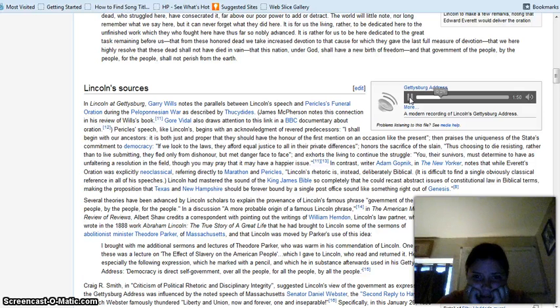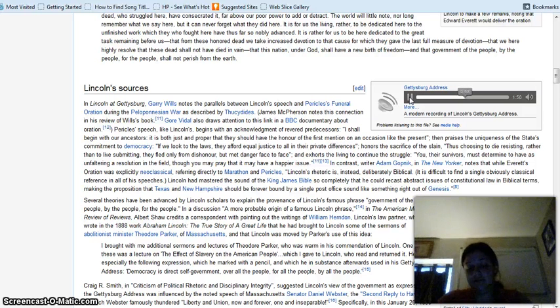We have come to dedicate a portion of that field as a final resting place for those who here gave their lives that that nation might live. It is altogether fitting and proper that we should do this. But in a larger sense, we cannot dedicate, we cannot consecrate, we cannot hallow this ground. The brave men, living and dead, who struggled here have consecrated it far above our poor power to add or detract.